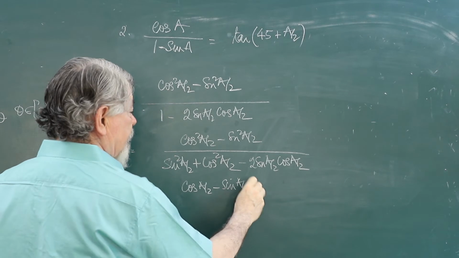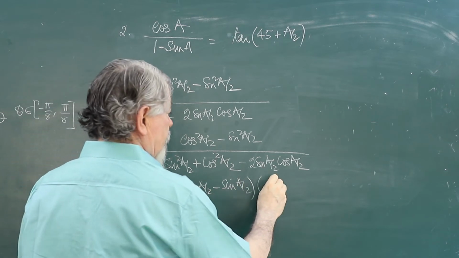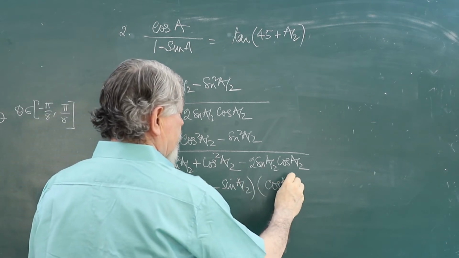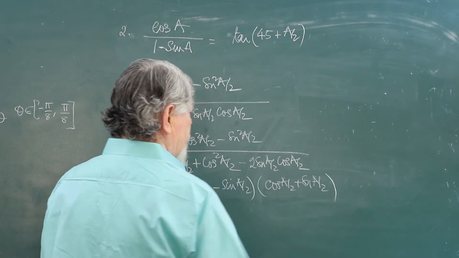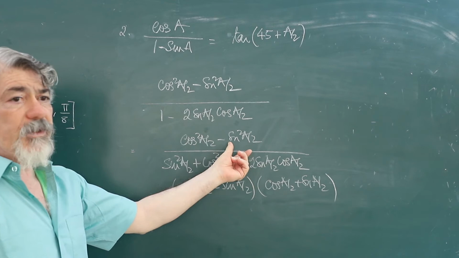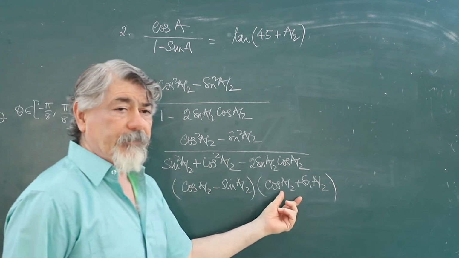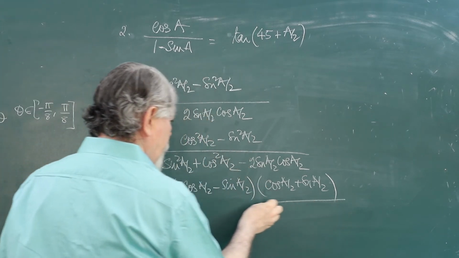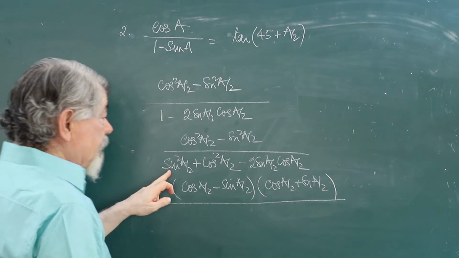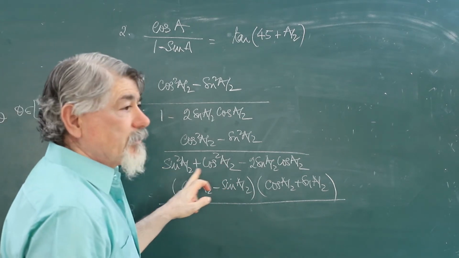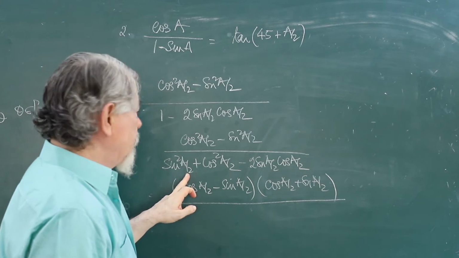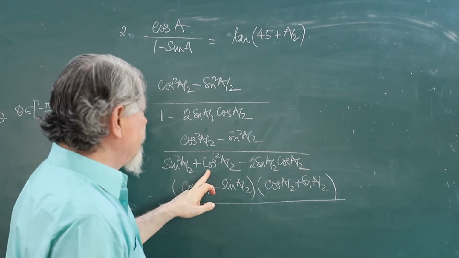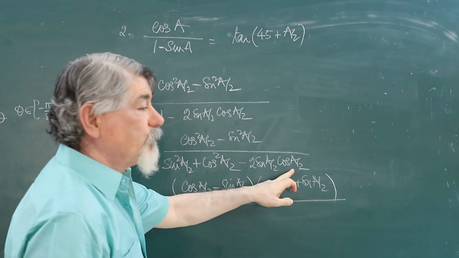I can factorize the numerator using a square minus b square as (a minus b)(a plus b), so it is (cos A by 2 minus sin A by 2)(cos A by 2 plus sin A by 2). The denominator is sin square A by 2 plus cos square A by 2 minus 2 sin A by 2 cos A by 2.